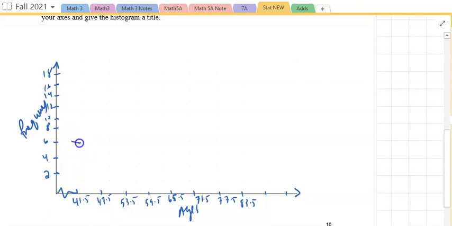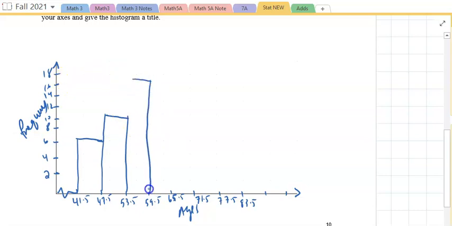So if I look at the first number we had, it was 6. So if I go to 6, I could make that perfect, but just a rough graph will do. And the next one goes up to 11, so I'm going to go up about halfway. There we go. And the next one goes up to 17, that's about the highest.